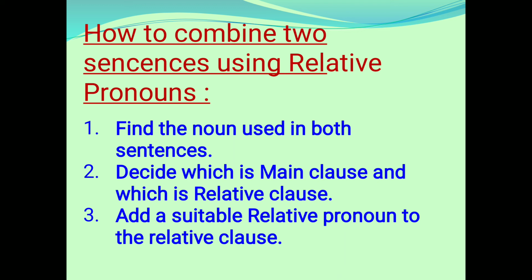That is the main clause. And the relative clause is not giving full meaning on its own. It is dependent on the main clause. And the third step is to add a suitable relative pronoun to the relative clause. These are the three steps to combine two sentences.